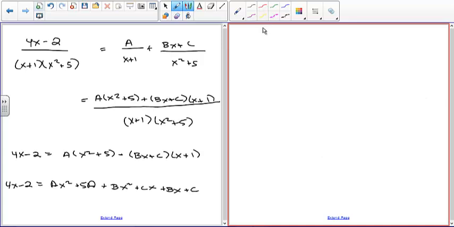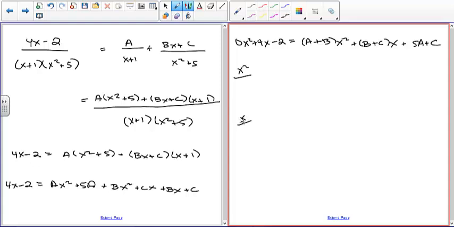So we group the terms, and I'm also going to add a 0x squared to the left-hand side. So we got ax squared and bx squared, so we have a plus b times x squared. Then we have cx and bx, so that's going to be b plus c times x. And we have 5a plus c. And then we can write 3 equations for the coefficients associated with the 3 types of terms.